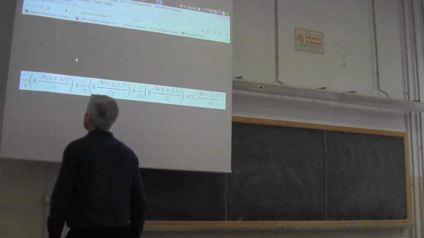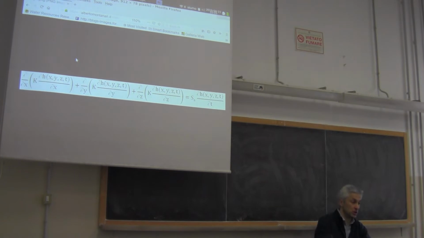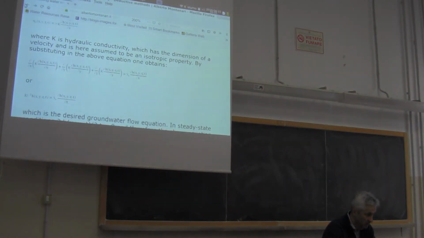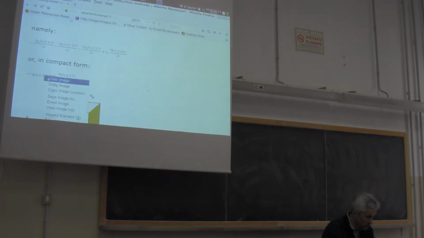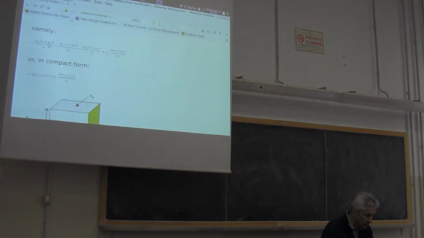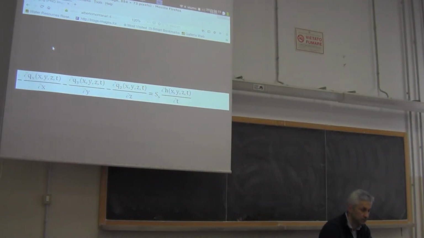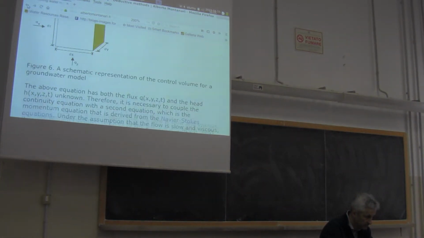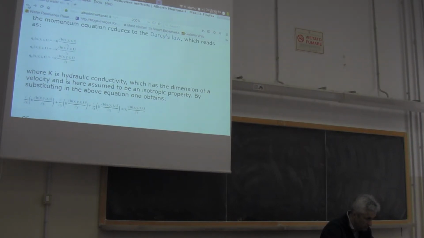If you remember, let me go back to the previous version of the equation, the one that we got before substituting Darcy's law. Or let me go to the version without nabla. So this is where we have to substitute Darcy's law. Now we substitute for Qx, Qy, Qz Darcy's expression, and we get here.